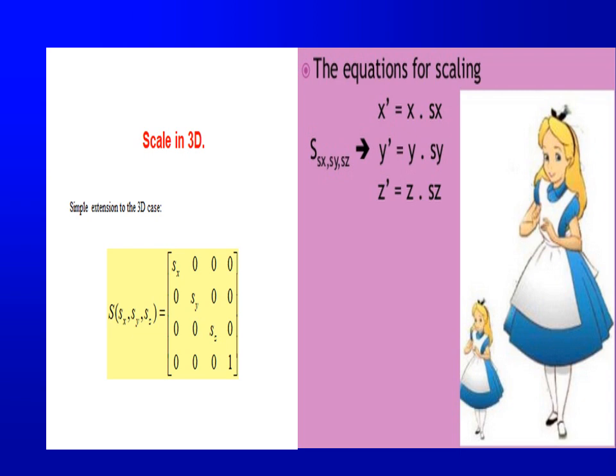Okay, and the simple representation, or you can say the row vector representation, is like this: sx, sy, sz is equal to sx 0 0 0, 0 sy 0 0, 0 0 sz 0 and 0 0 0 1. Okay, so this one is scaling in 3-dimensional transformation.